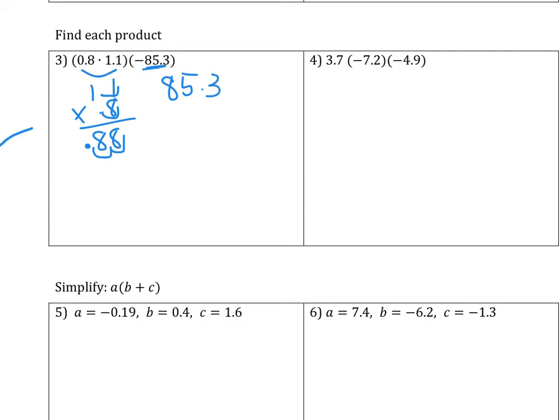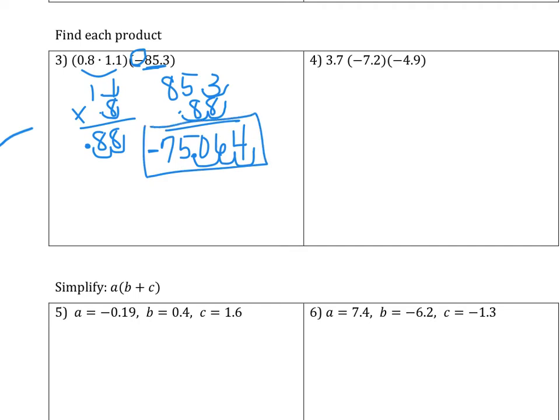Always put the one that has the most digits on top when you're multiplying. I'm going to do the math on that, and I come up with 75064. Now count my decimal places. 1, 1, 2, so that's 3 decimal places. Start in the back of the number 1, 2, 3, right there, and count my signs. I have 1 negative in all of that, so that answer is going to be negative.